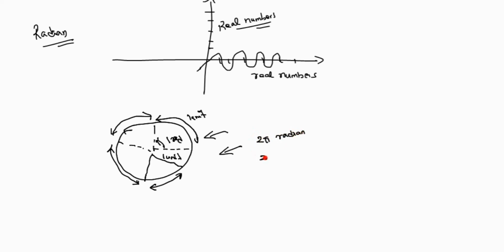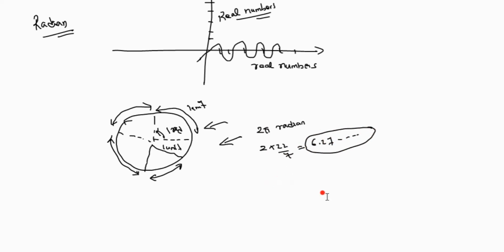That means 2 into 22 by 7 will be 6.27 something. Since pi is an irrational number, the value goes on. So any circle is divided into 6.27 divisions instead of 360 and 400 in the case of degree and gradian.